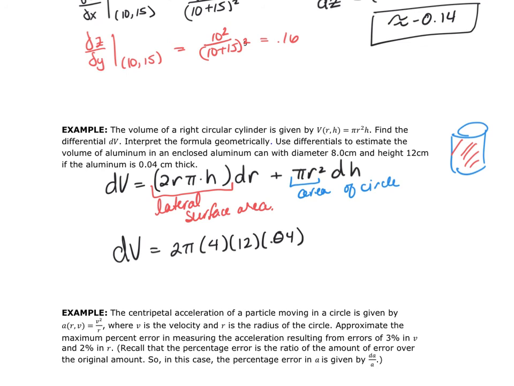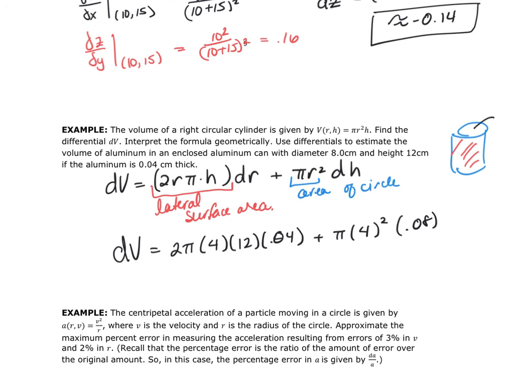And then I'm going to add to it plus pi, my r is here 4, the area of the circle. So the r is 4 squared. And then my dh is going to be 0.08. And the reason it's going to be 0.08 is because we have the thickness of the bottom and the top of the can.